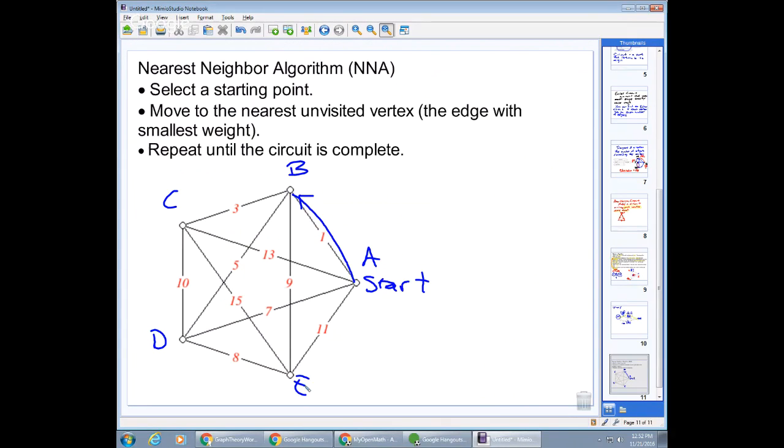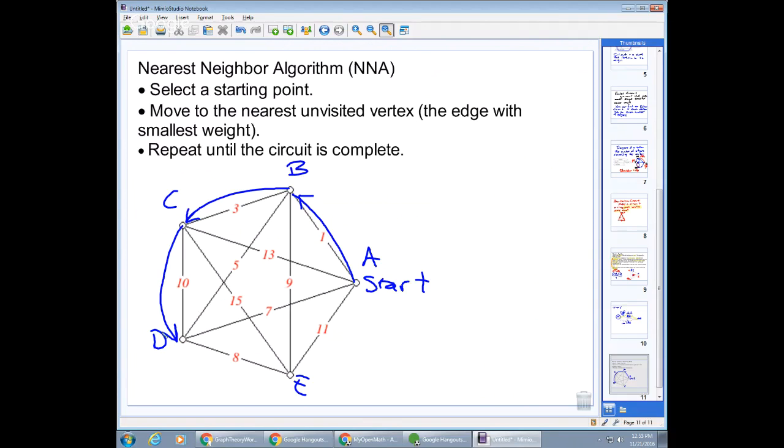C, as the next lowest weight. And then from C, we want to go unvisited. I can't do 5 because it's already visited. I have either 15 or 10, so it's got to be 10. And then 8.